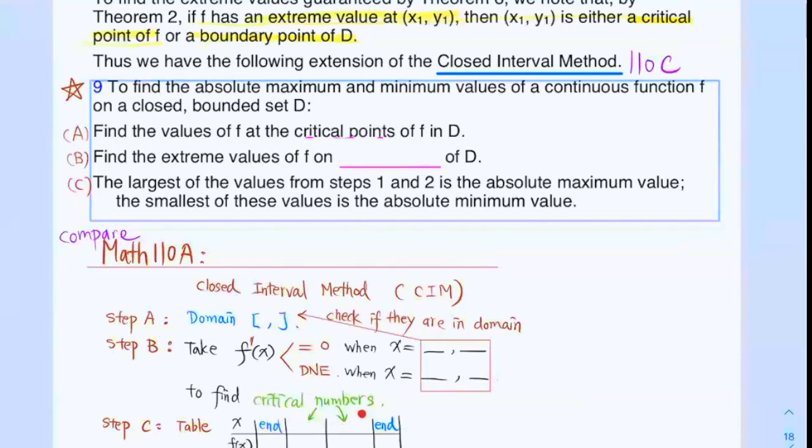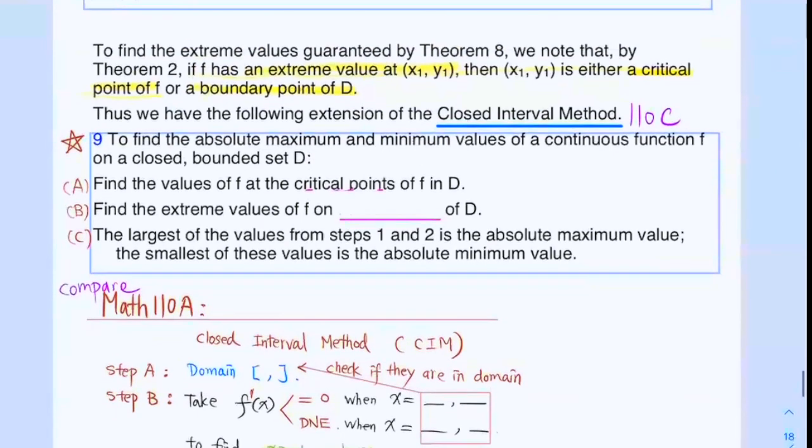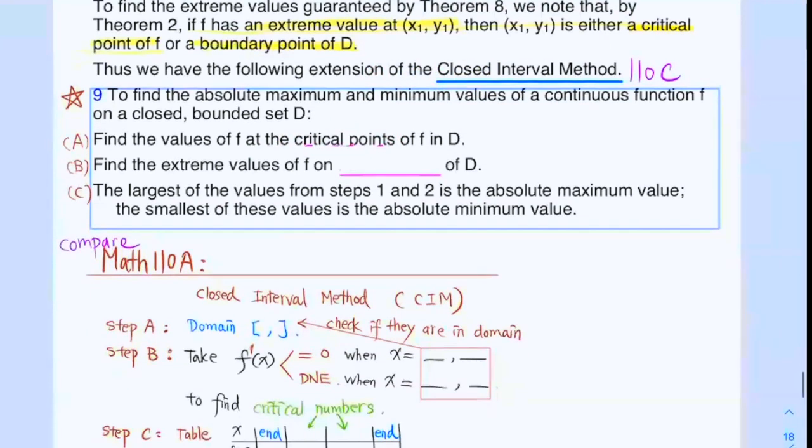But think about this, okay? For the one-dimensional case, you look at the function value at those critical numbers and also the endpoints. For the function of two variables, you look at the function value at critical points and also the boundary, okay?